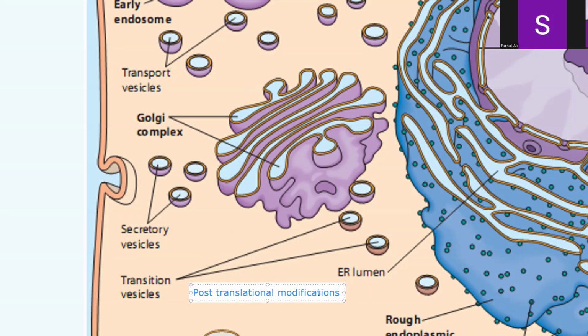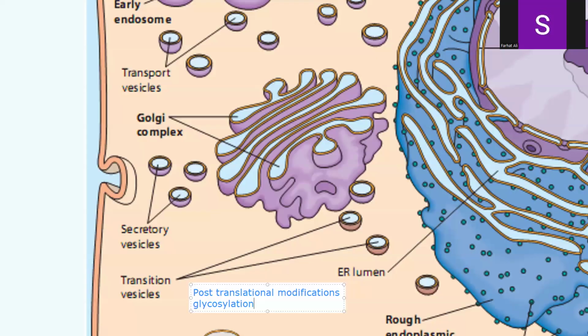One common type of modification is glycosylation, which is the attachment of carbohydrates. Different types of carbohydrate molecules, including several different types of oligosaccharides, are attached to the proteins.